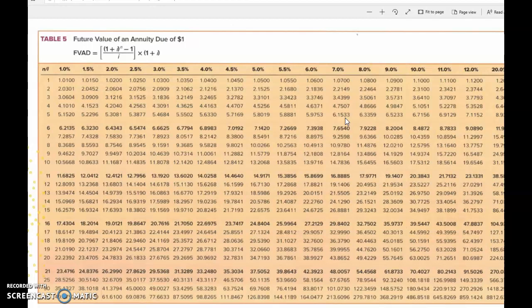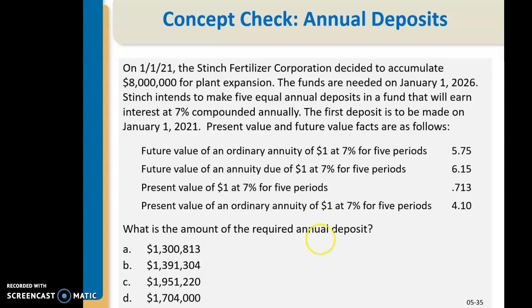Now the problem truncated these last 2 digits, so we'll truncate those last 2 digits so we calculate the same answer as the problem. So the factor we want to use is 6.15. Let's go back to the problem. And so we're using this factor right here.